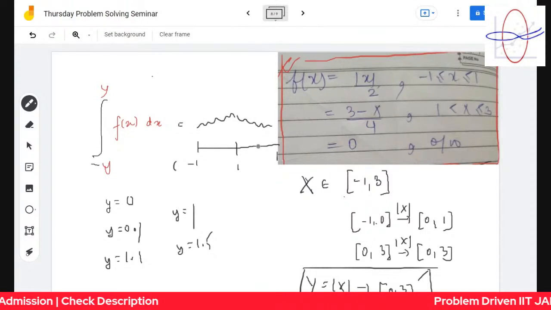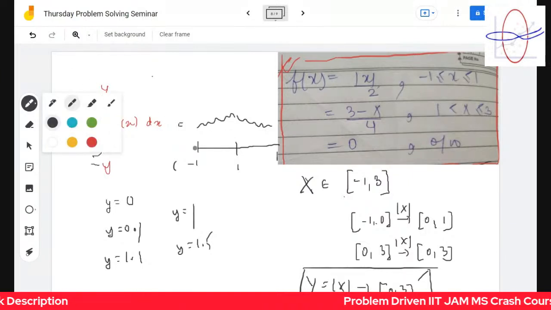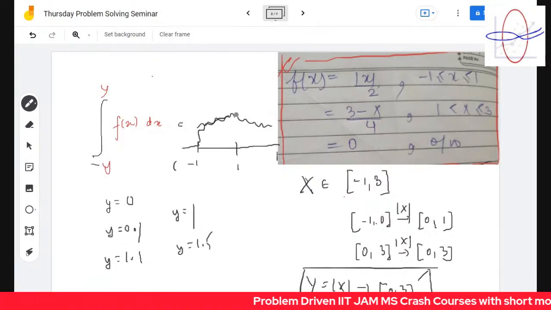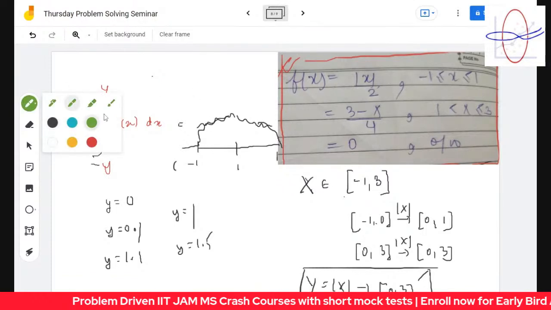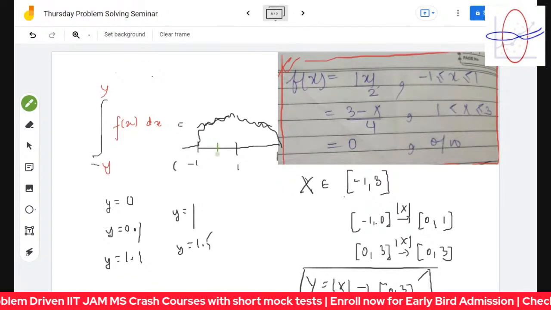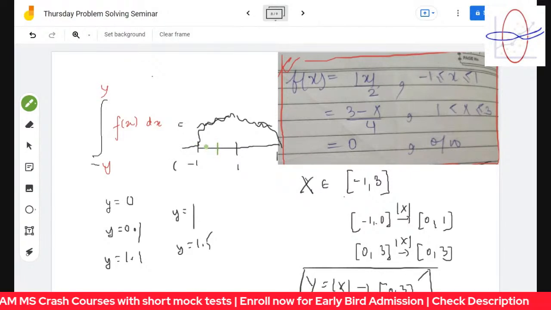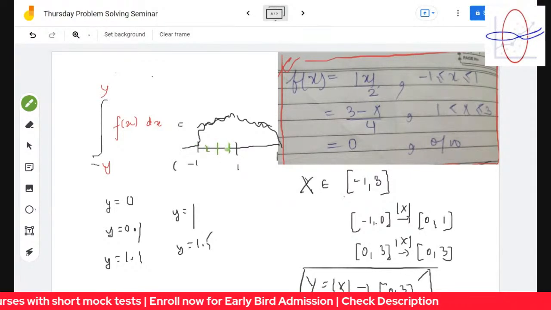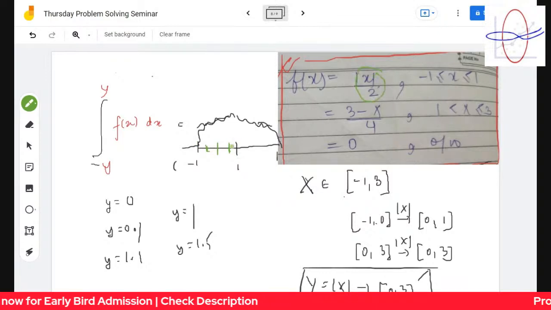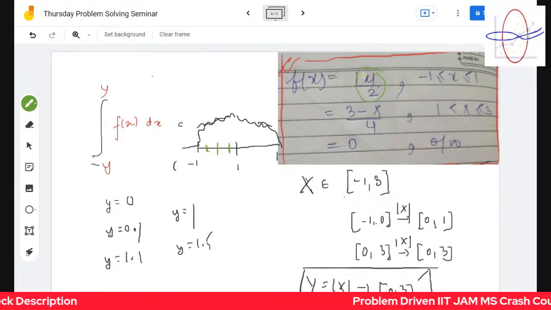I'm just assuming. Something like this. So understand that you're taking everything around 0, minus y to y. If you take this till minus 1 to 1, it will be this function. If you take 0.1, 0.5, 0.3, it will be between this region.